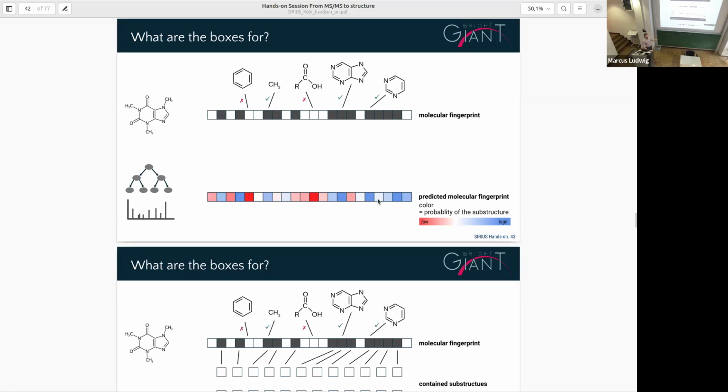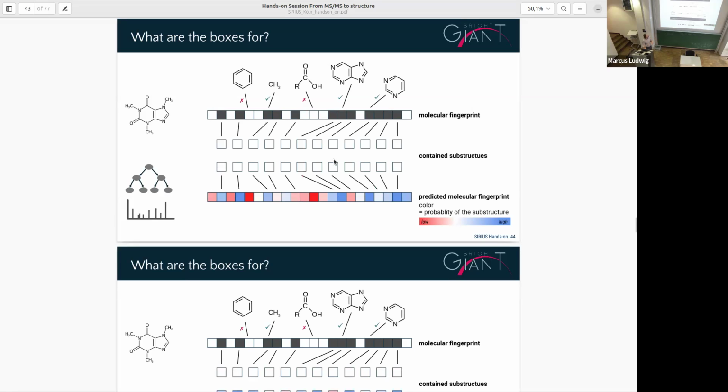The way we visualize how these match is we take all the properties that are contained in your structure candidate, so all the black boxes, and also use them from the predicted fingerprint. And the colors mean that if it's blue, then we predict it to be present.